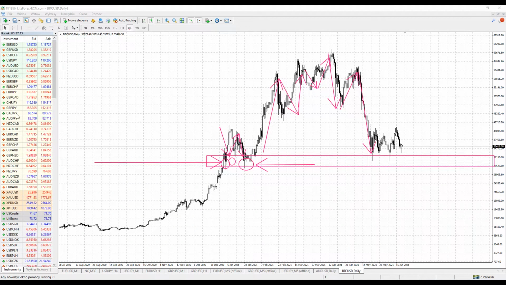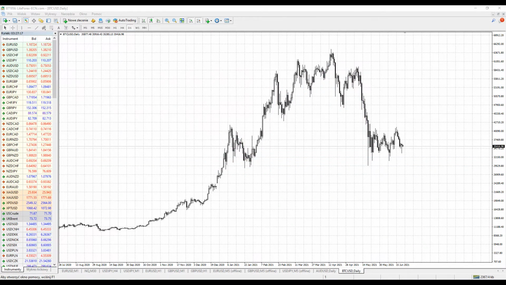And to be honest with you, it wasn't a surprise to me, right? Once we hit that level, the 30,000 is going to be a demand level. So once we've seen the move higher, each and every time we hit that level, we've seen the demand.